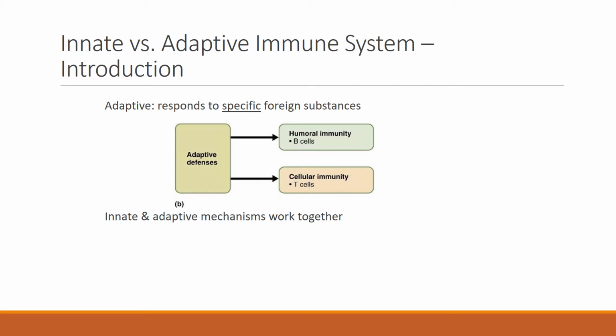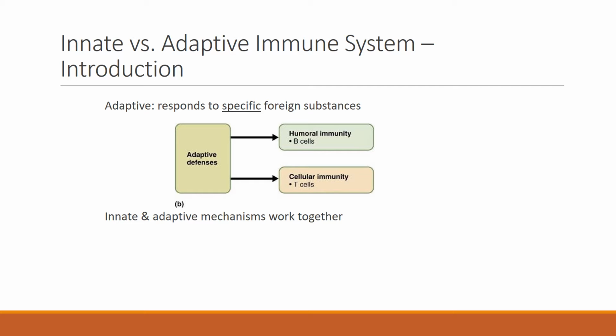Adaptive responses are in regards to specific foreign substances. And so we have two different types: within our blood we have B cells, which are responsible for creating different antibodies, and so they can bind to specific antigens and then get rid of the foreign substance when we have that antigen-antibody binding.